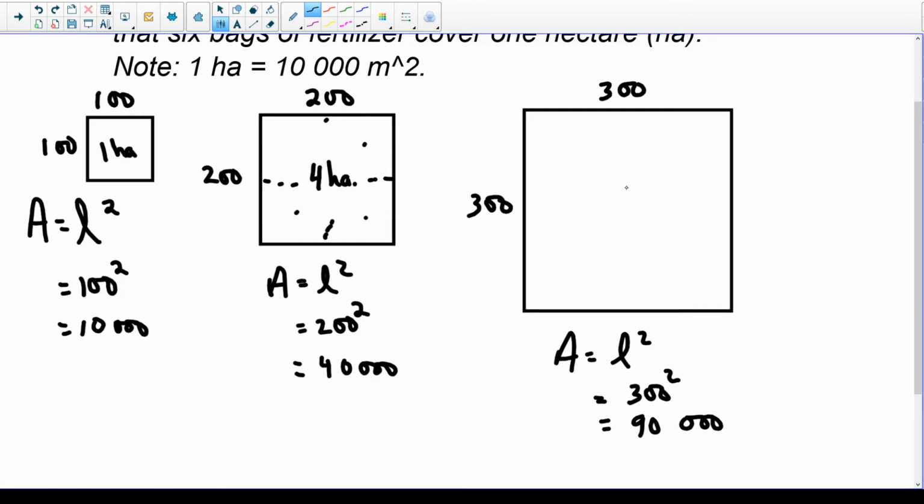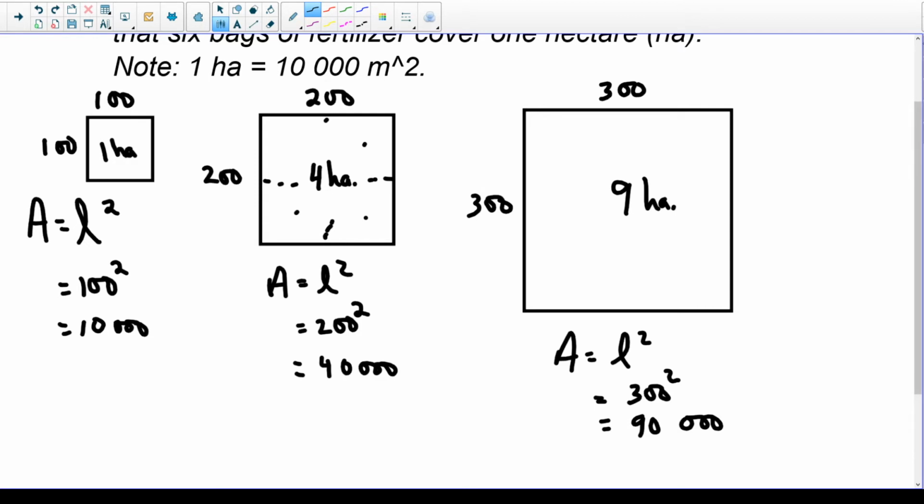And 90,000 square meters is 9 hectares. Okay, and again, if you broke this down into 3 by 3 squares of the original size, you could see that as well. So we're not just doubling, we're not just tripling, there's some other pattern happening here.